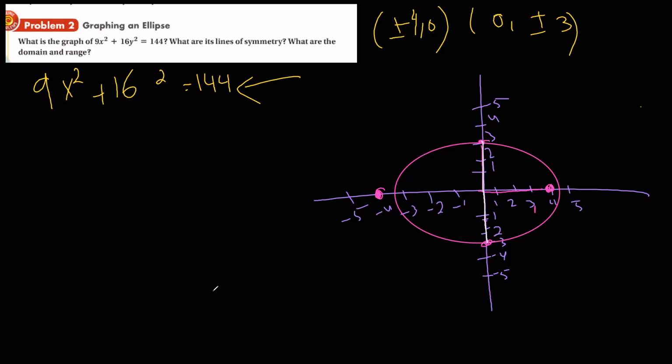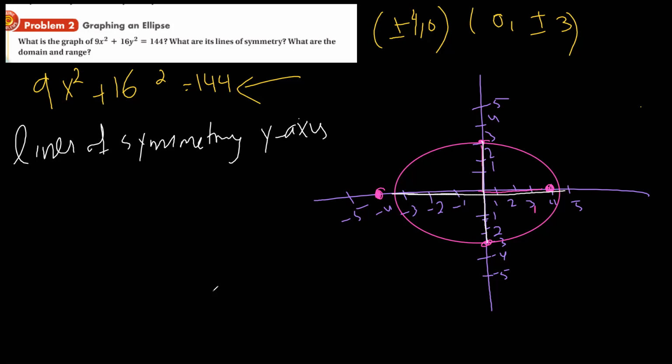One of them is the y-axis. Did I have another one? Yes, the x-axis is another line of symmetry. So for an ellipse we have only two lines of symmetry, but for a circle we have many.